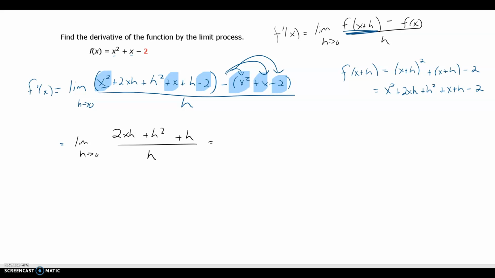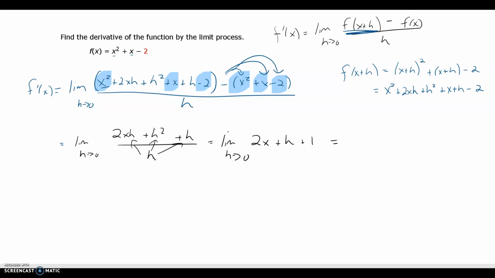Okay, and the goal is, you can see we can now simplify this fraction by dividing h into all 3 of these terms. Now that there's an h in all terms in the numerator, I can divide h into each one. Or another algebraic option would be to factor out the h and then cancel the h's. It's the same thing. So that would leave me with 2x plus h squared over h is h, and h divided by h is 1.